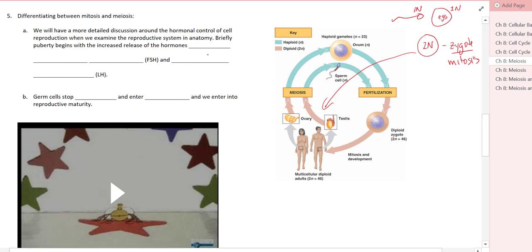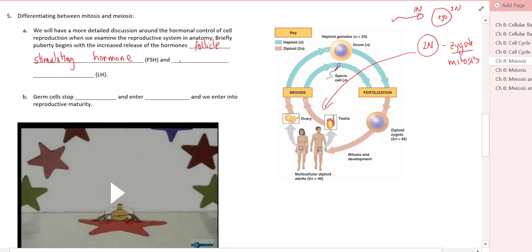The two big hormones are follicle stimulating hormone, which increases in your body as you reach puberty, and it stimulates meiosis occurring in your reproductive organs. It stimulates ovaries to start having eggs mature and be released, and in males in the testes, causing the development and maturation of sperm.